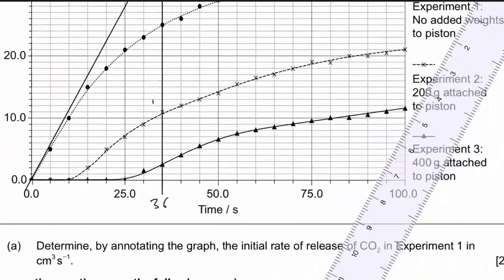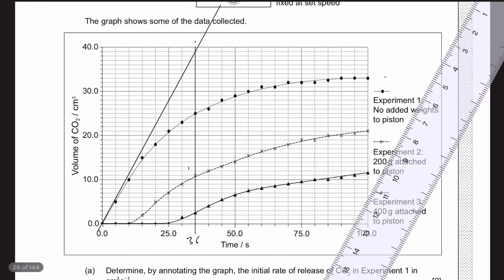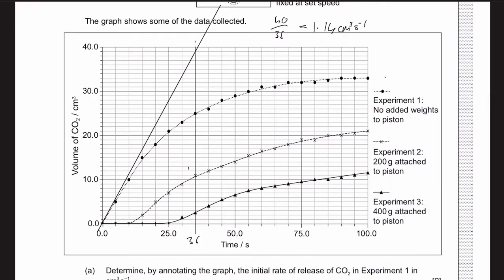I guess we just have to write it down. So this is 40, 35. So that's going to be 40 over 35, which is 1.14 cm cubed per second. Okay, nice.